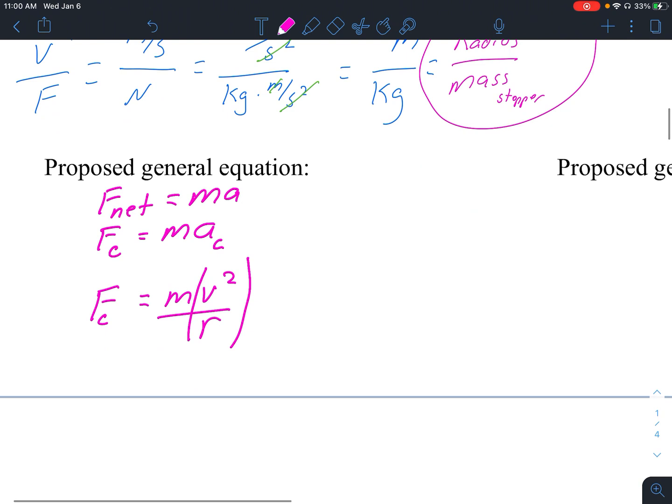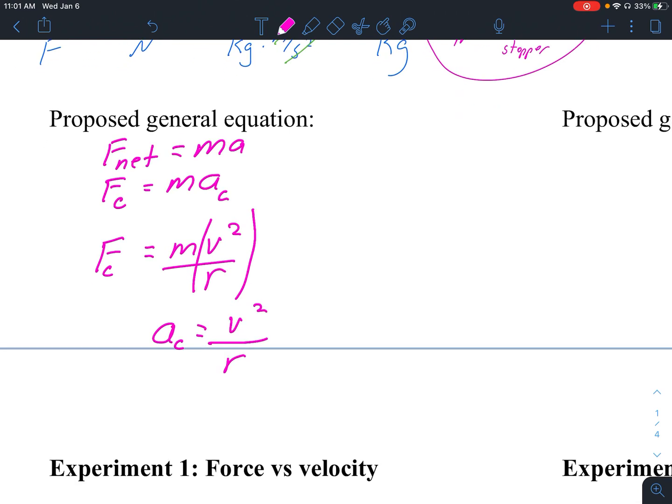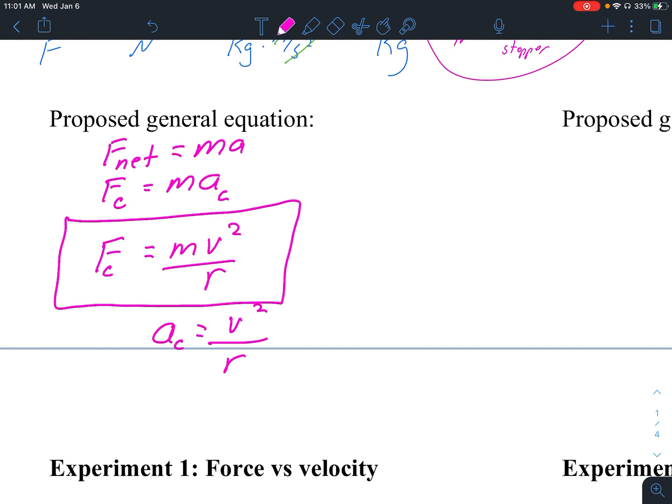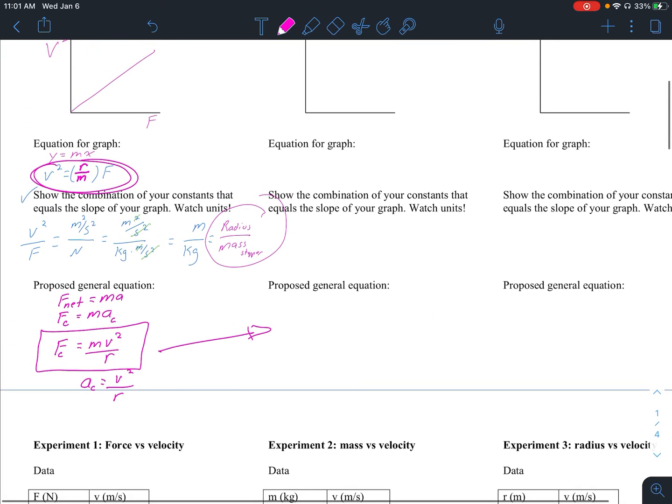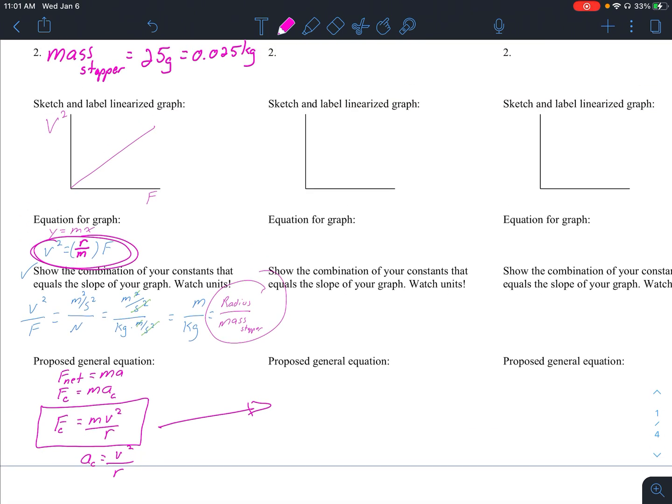So you could still do Fc equals m ac for circles, and then define centripetal acceleration as v squared over r. Nonetheless, we developed an equation for centripetal force, Newton's second law for circles. So that's the goal, to be able to develop that equation for the other two experiments.